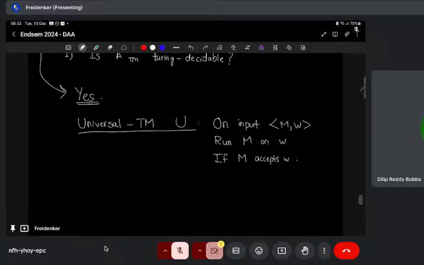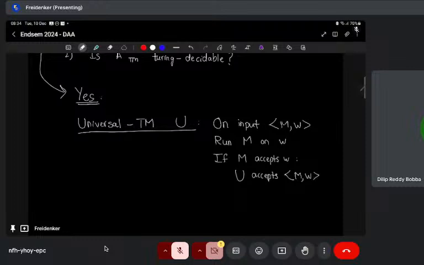So I can say that M comma w is a part of ATM. In other words, U accepts: if M accepts w, then U must accept M comma w.